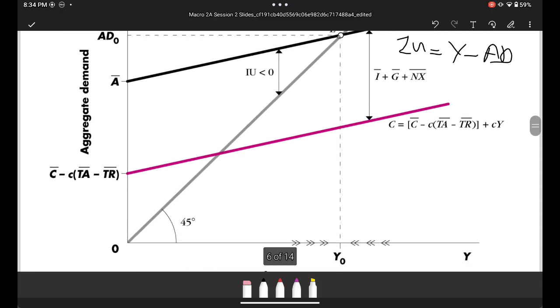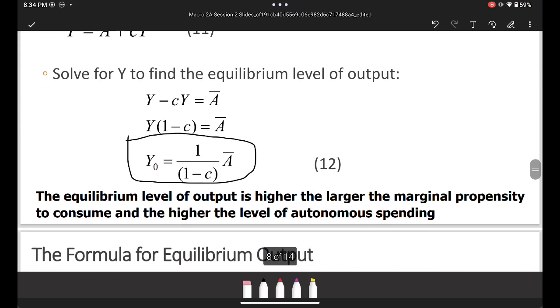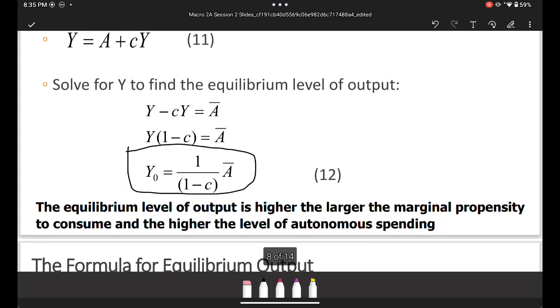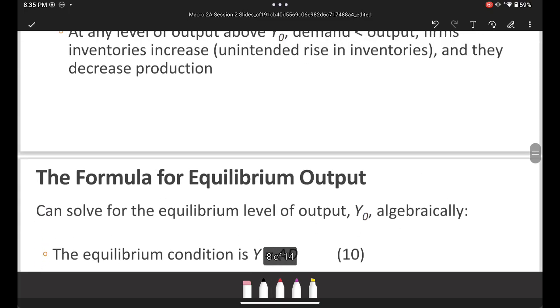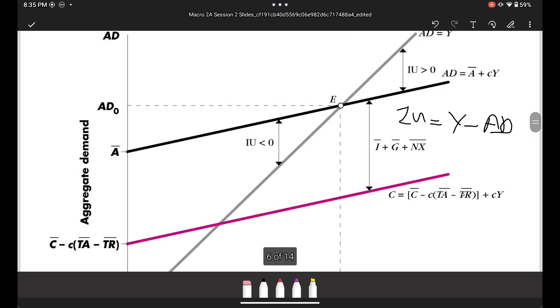If you want to find this y value, y0, it's very easy. Y0 is equal to 1 over 1 minus c times autonomous expenditure. You know c is equal to the MPC, so you have to get that, times autonomous expenditure. So you'll get an equation in numbers.